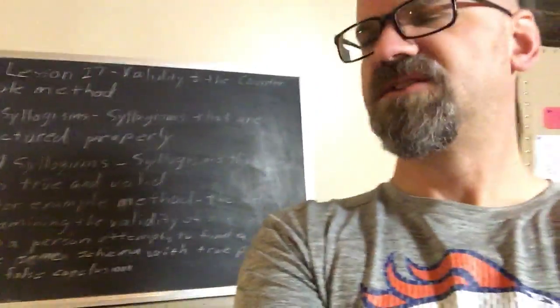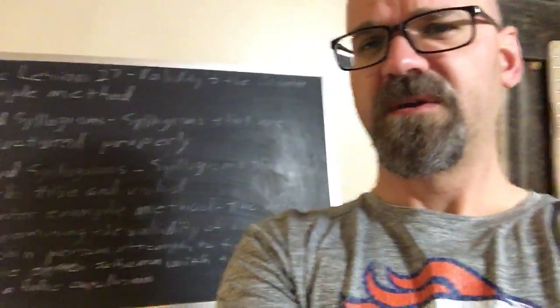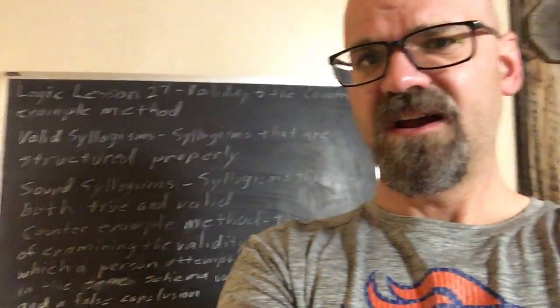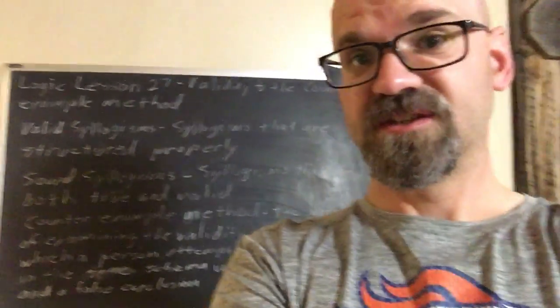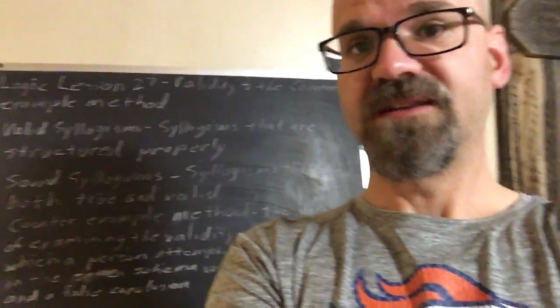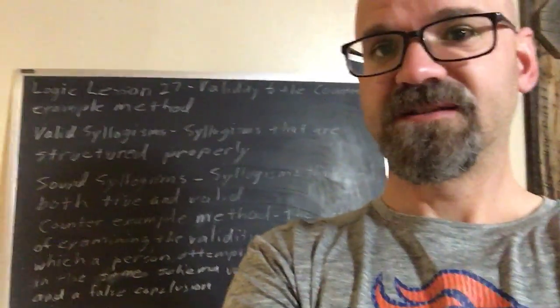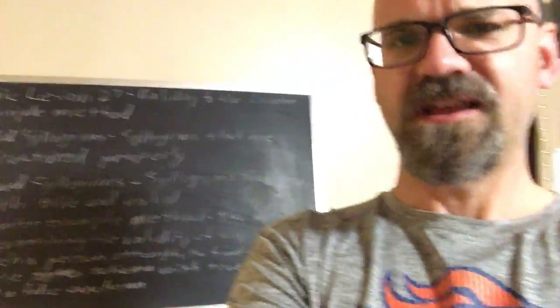But before we mention that, I should talk a little bit about validity. Okay, so validity is whether or not your syllogism meets the criteria of what it needs to be. Let's see. What's a better way to say that?